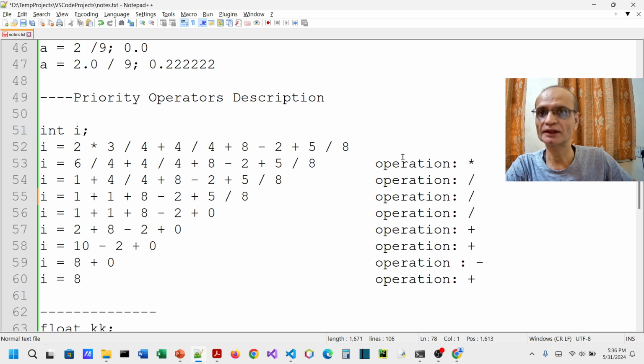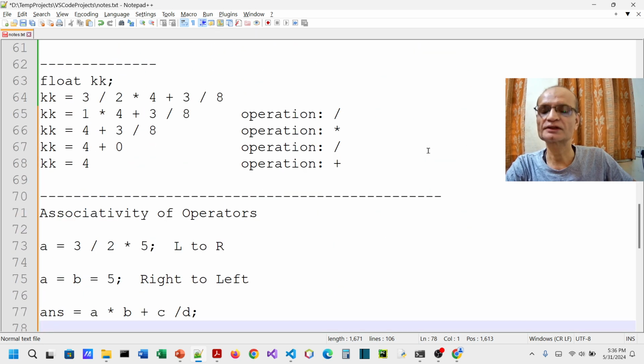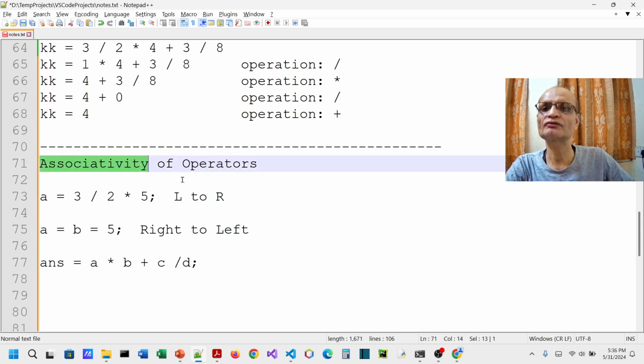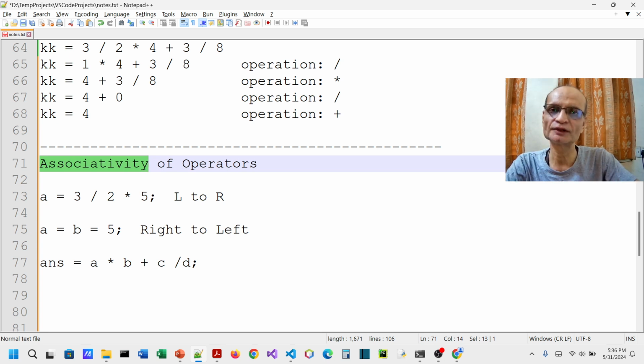So one needs to understand the hierarchy of operators, and then obviously one needs to be aware of the associativity of operators. Now this associativity of operators overall is a little bigger topic, but I have told you the important things. Over a period of time we will be using various operators, and those people who are very keen to understand associativity of operators can learn for all the operators how the associativity works.